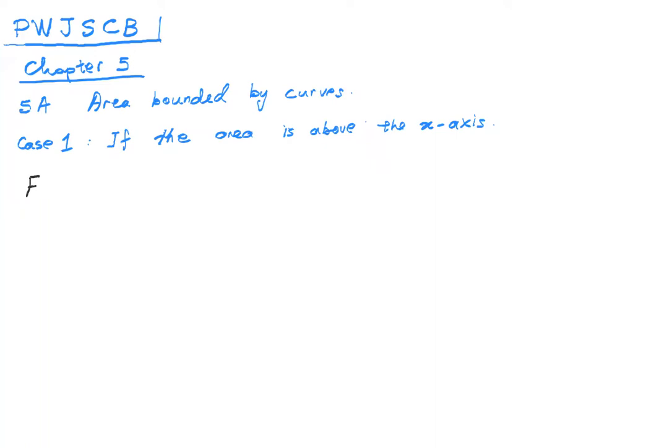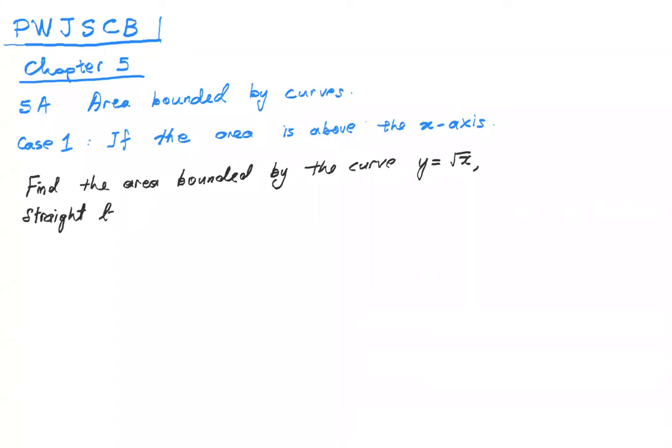Find the area bounded by the curve y equal to square root of x, straight line x equal to 0, x equal to 3, and x-axis.